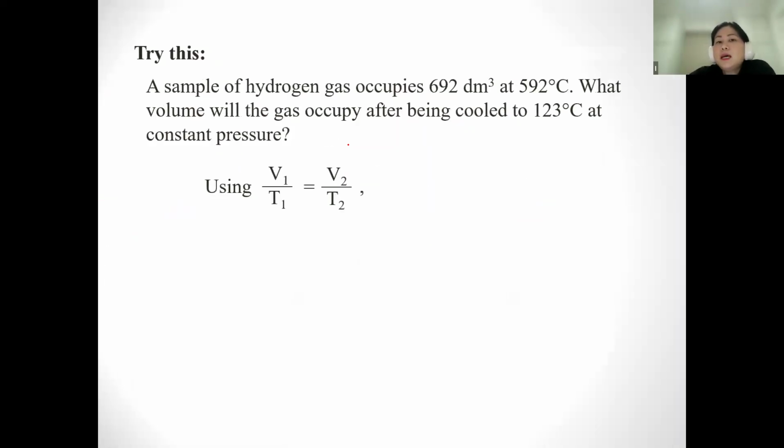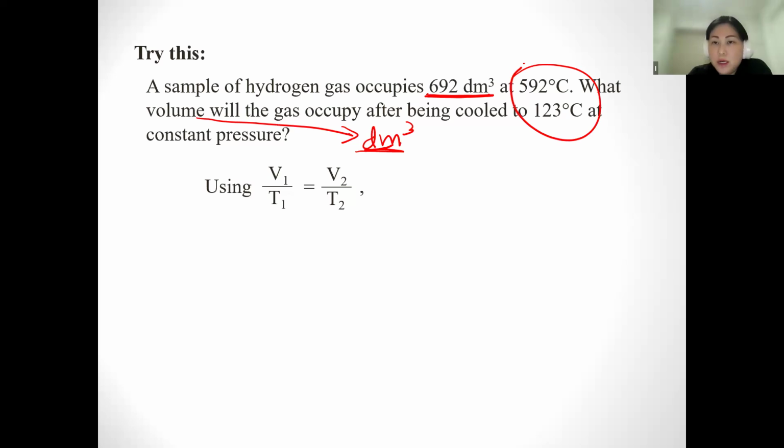Okay, so let's look at this. Hydrogen gas occupies 692 dm³ at this degree Celsius. What volume will the gas occupy if it's cooled down? If I let the volume be in dm³, as long as it's consistent, dm³ and dm³, I don't need to convert the volume. But no matter what, I will need to convert the temperature. So 592 must be converted to Kelvin, and 123 must be converted to Kelvin.